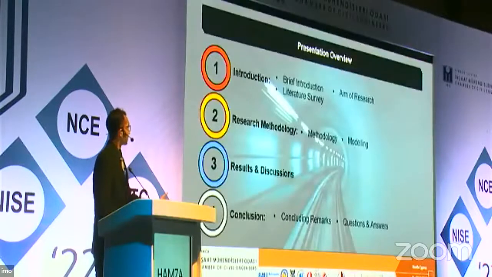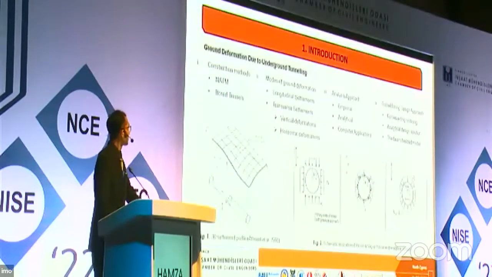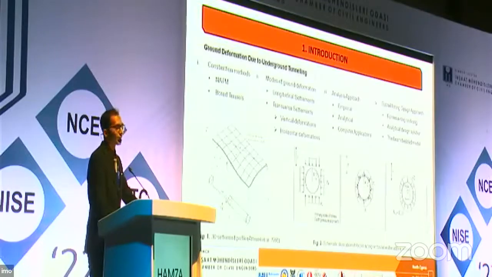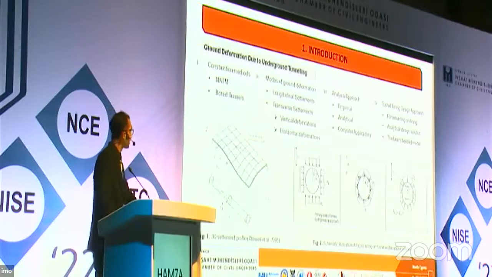Before proceeding further, here is a brief introduction, an overview of the presentation. Ground deformation due to underground tunneling has many factors involved, and it is still a debatable topic. But there are four major factors which we have to consider, such as the construction method. We have the New Austrian tunneling method or the bore tunneling, and several others as well.